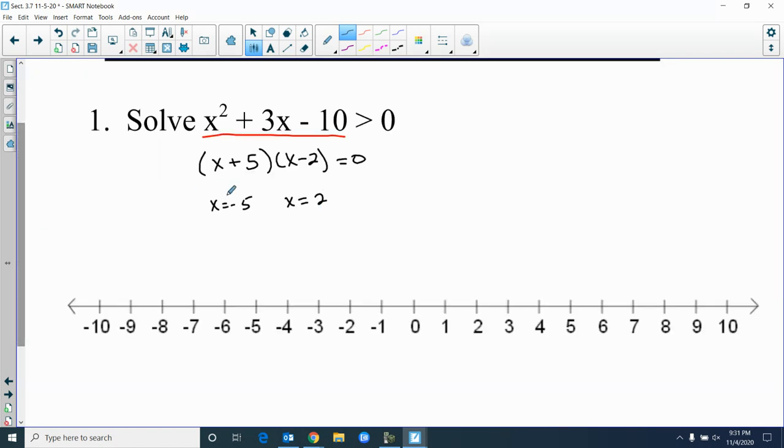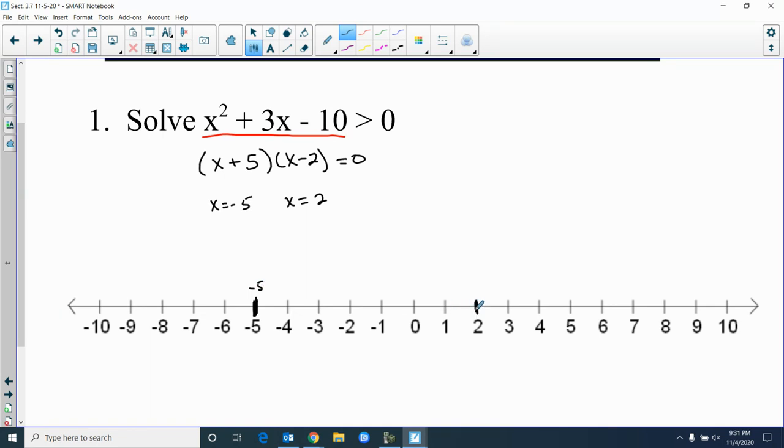If that's where it equals 0, it has to be either negative or positive to the left of negative 5, in between negative 5 and 2, and to the right of 2. These are the only spaces it can change sign. These are your breakpoints. So that's why I have this graph down here. Negative 5 is one breakpoint, 2 is the other.